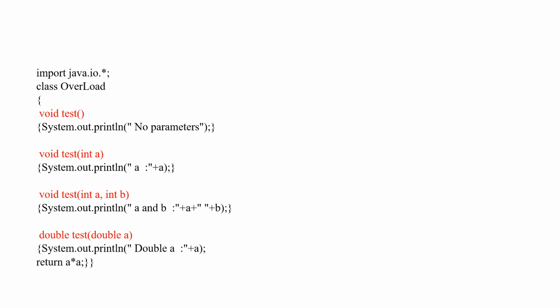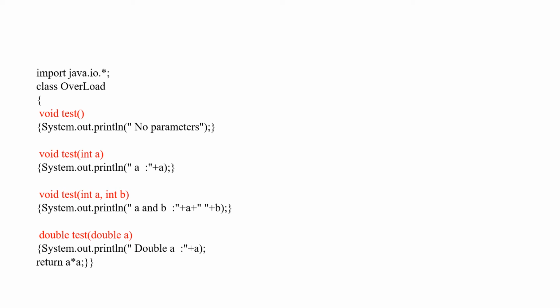You can see a simple program, in which I have written a class Overload. The Overload class has 4 different functions and all these functions have the same name. Test is the name of all the functions defined in the Overload class. But if you check, you can see that their return types and arguments are different.